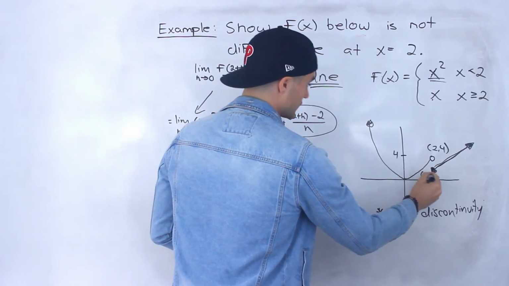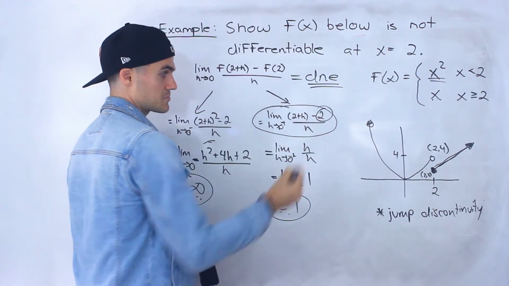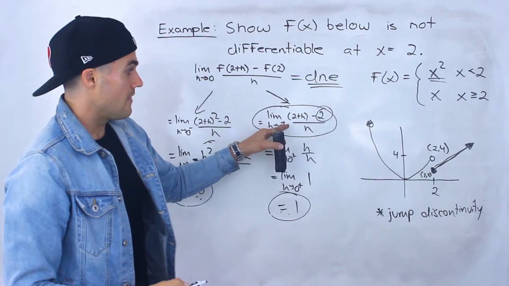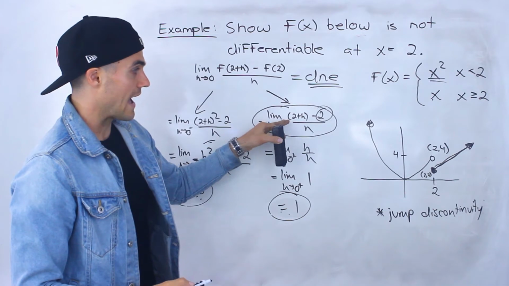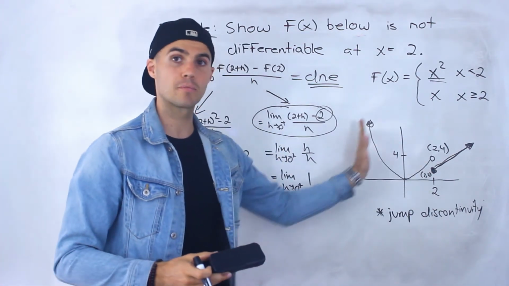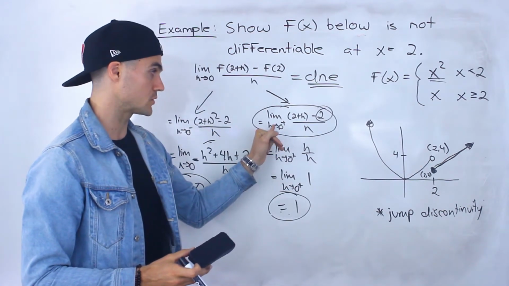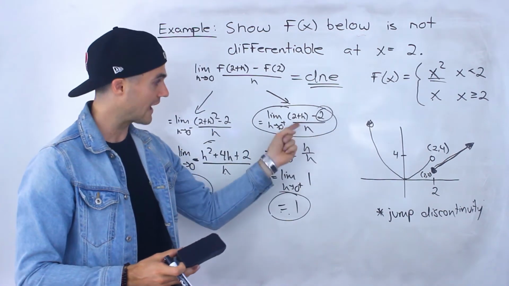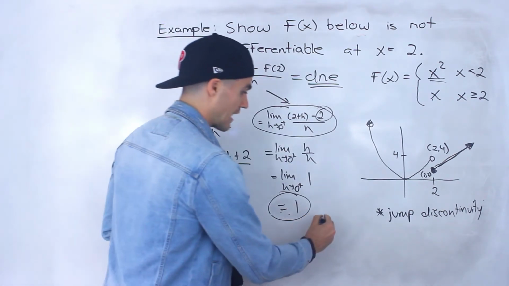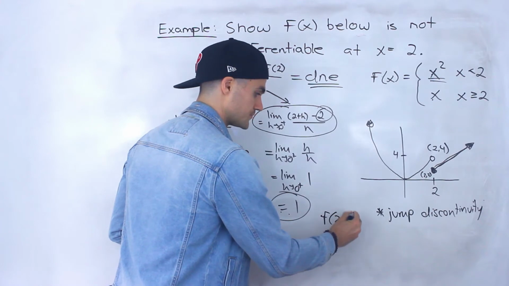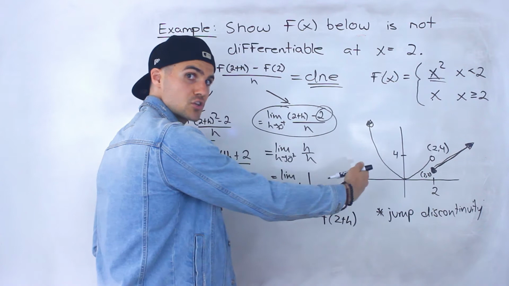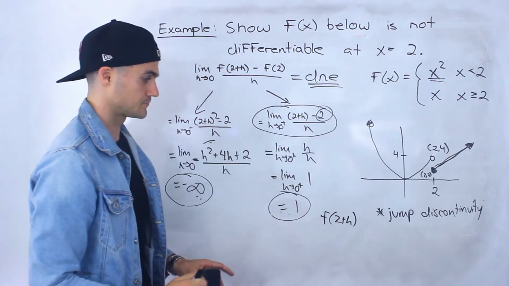So we know that we have 2 and 2 here, that's the y value of this point. And then we're going to have another point that's really close to this point, but from the right side. Remember, when h is going towards 0 from the positive side, we're going to have a very small positive number for h. So that f of 2 plus h, this value here, even though it's very close to 2, it's going to be to the right of 2.